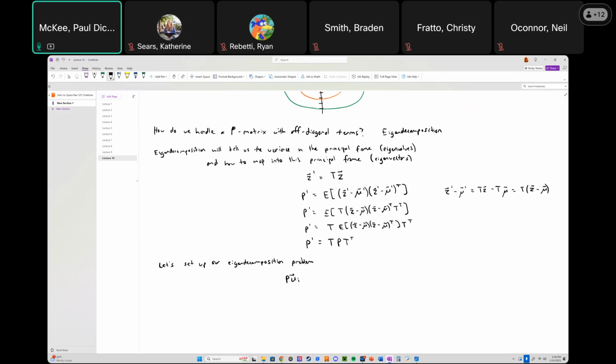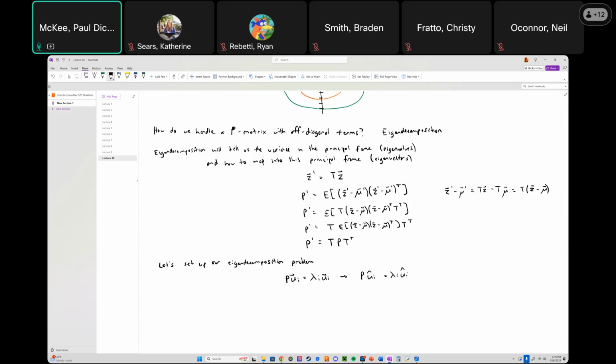P u_i is equal to lambda_i u_i. But in this case, we can say that this u direction is actually a unit vector. So we have P u_i unit vector is equal to lambda_i u_i unit vector. So there's an arbitrary scale. Because the scale of u is unimportant, we can just treat them to be unit vectors.